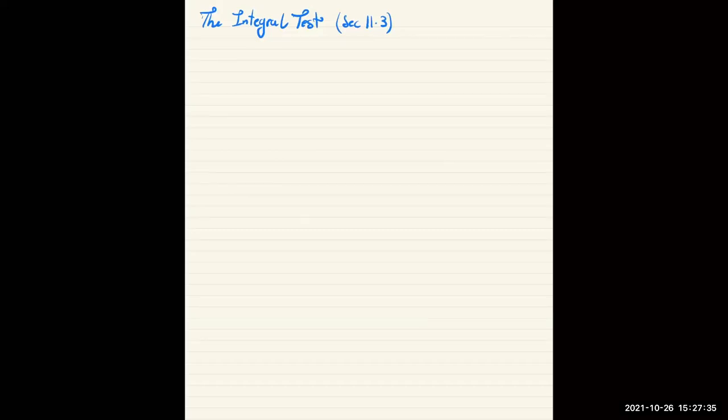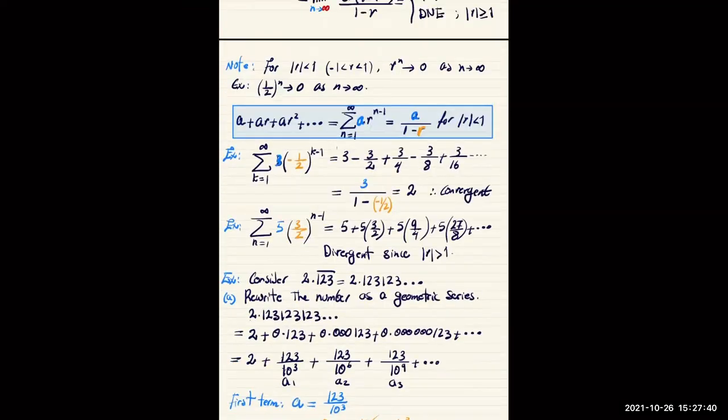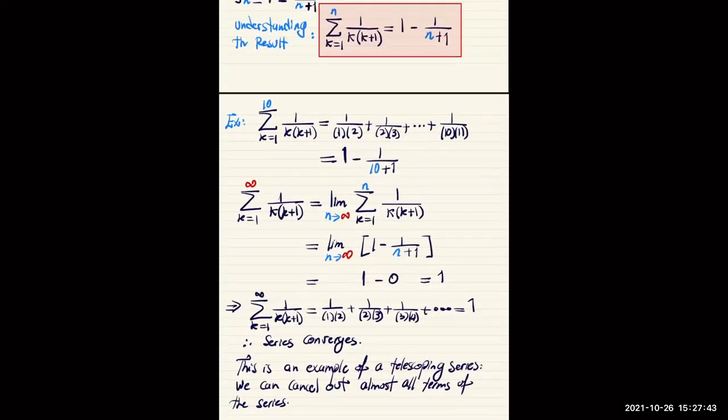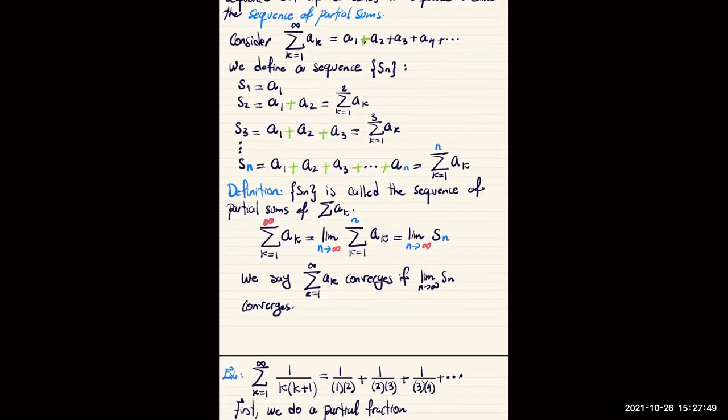Going back to the beginning of this section, right here, this is just like the limit as t goes to infinity of the integral from 1 to t of f of x dx. It's not an integral, but it does resemble an improper integral.